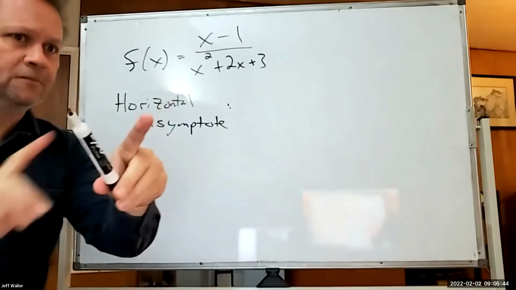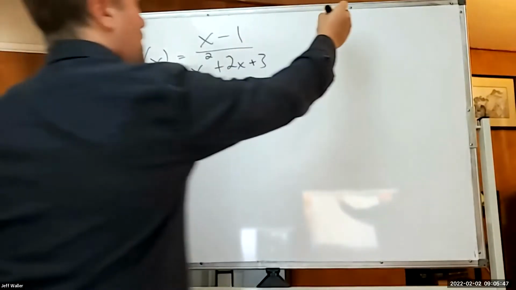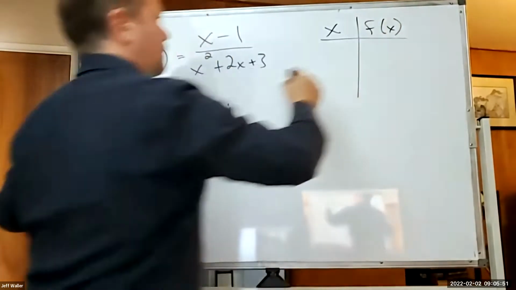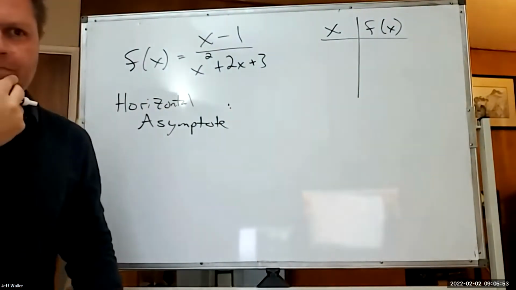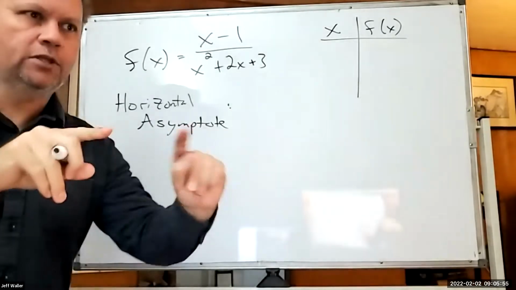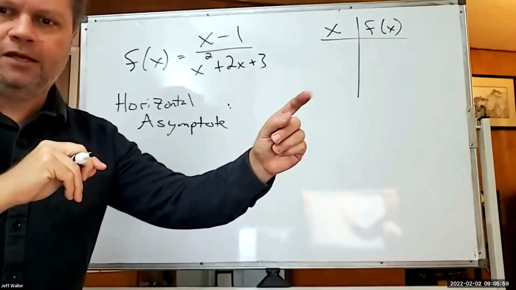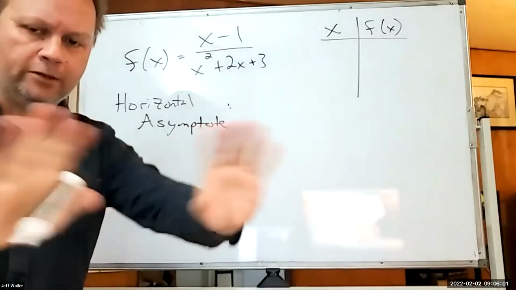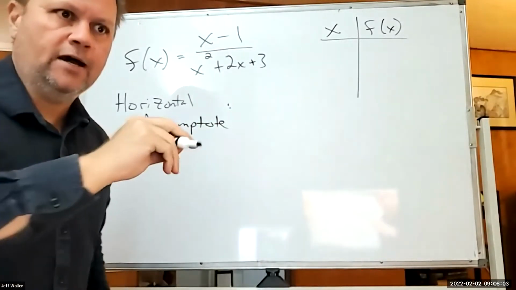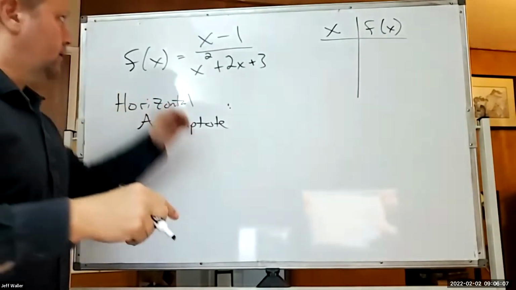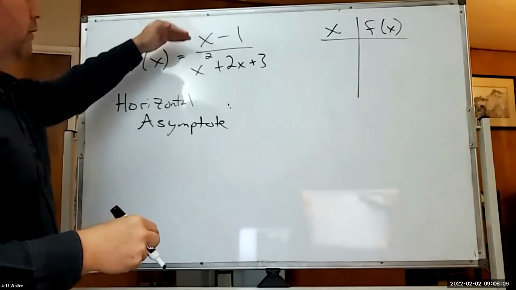So let's do this. Okay. Somebody help me out. I'm going to show you a little bit later a shortcut in the calculator to make tables that some of you guys probably know, but I want to make sure everybody knows. So what you just said is the top degree is smaller than the bottom degree.